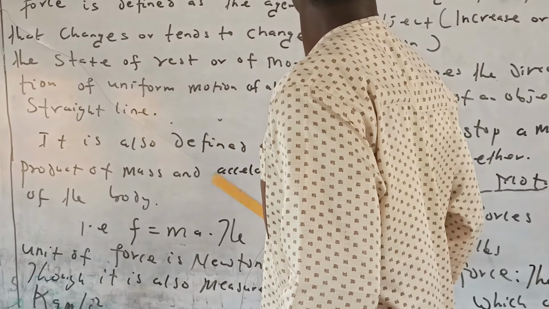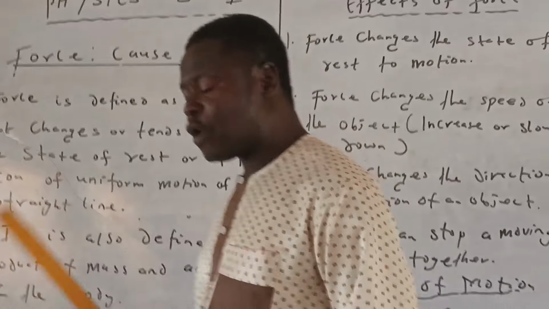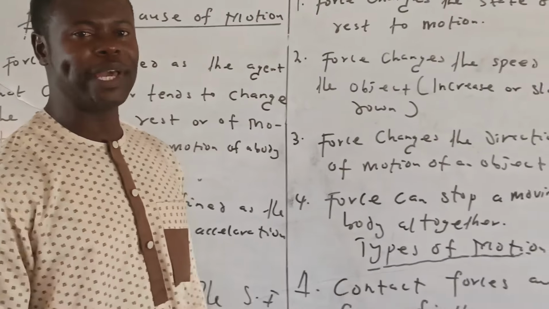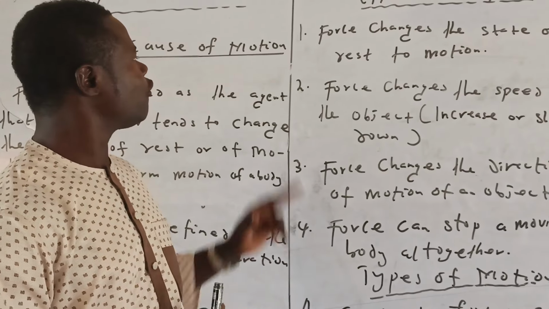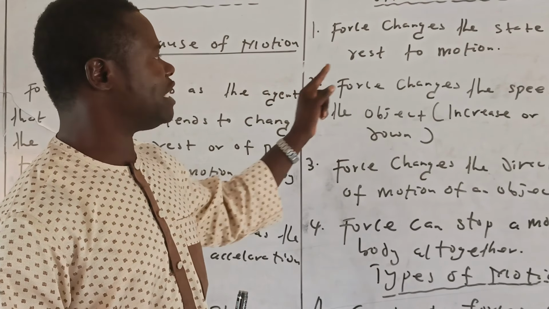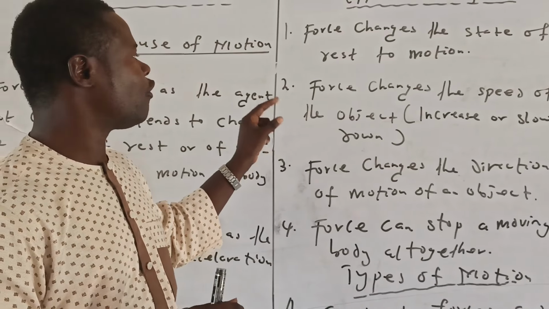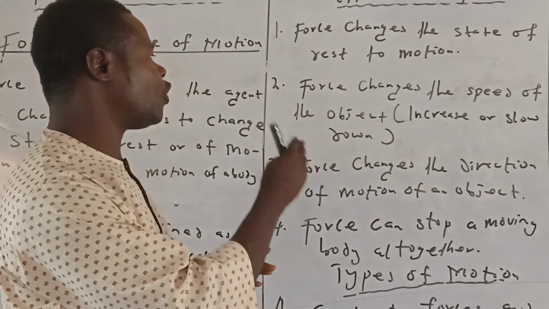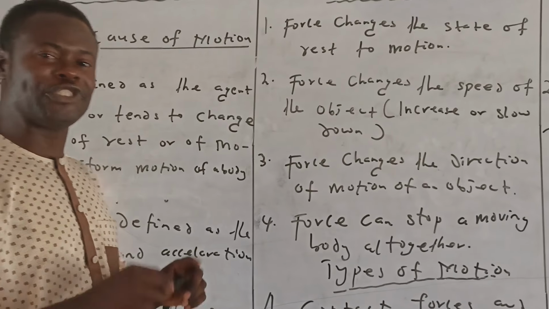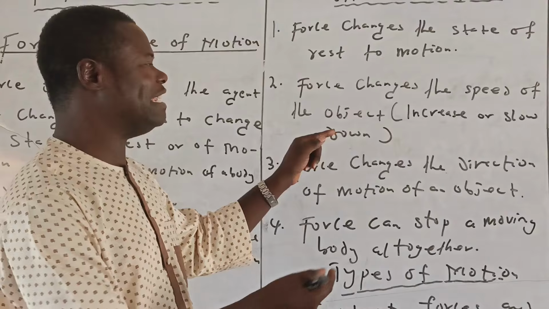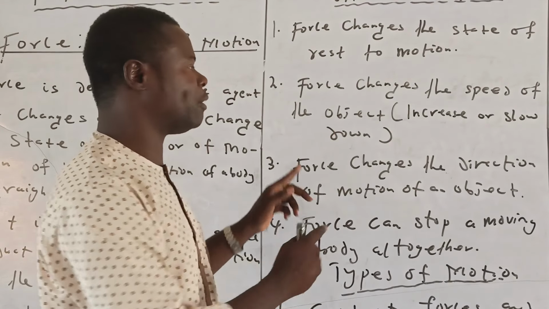So we look at the effect of force. Force is a very complicated word, but however, we can see the effect of force. Number one, force can change the state of a body at rest to move. Number two, force changes the speed of an object. When we apply force to a moving object, we can increase the speed of the object.